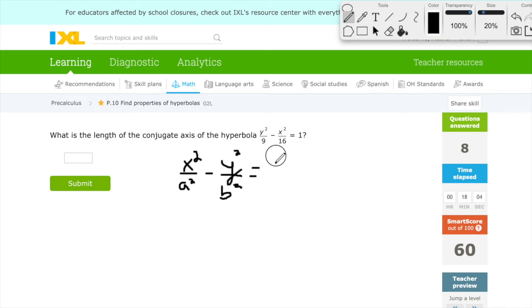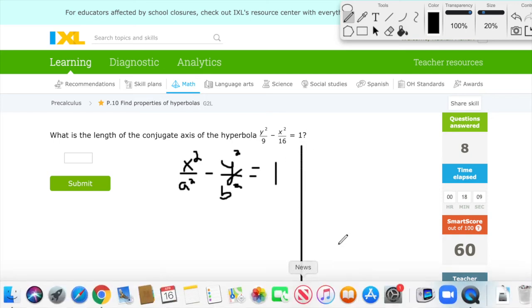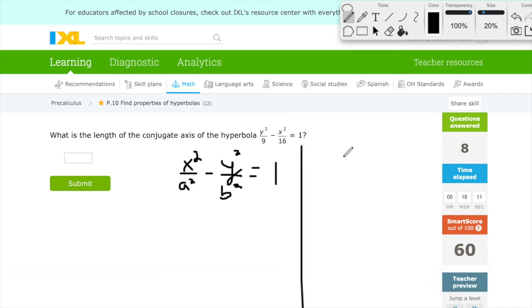We have another option where the x and the y are basically flipped around. So the y would be first over a squared, and then the x would be second.